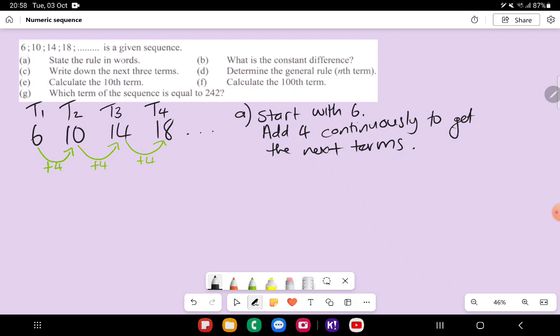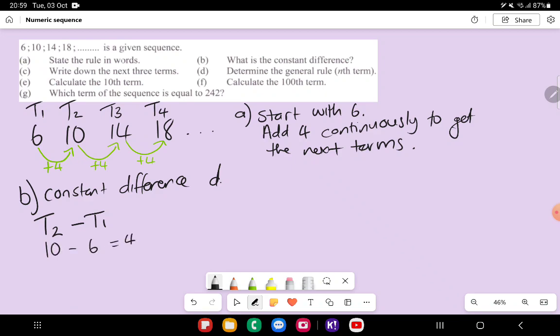Question B says, what is the constant difference? Now we've answered that in the green text, but how do we calculate this? To get the constant difference, we normally just use the letter D to indicate difference. You are going to say term 2 minus term 1. That is 10 minus 6 gives you 4.